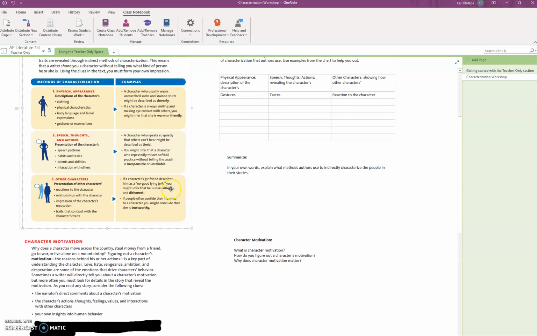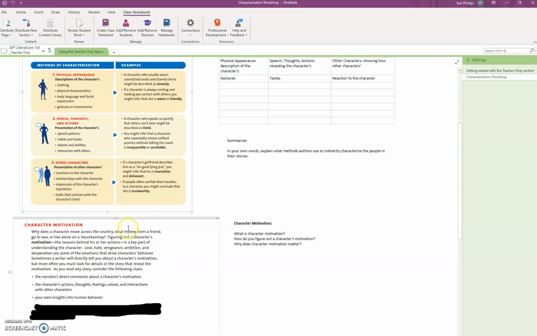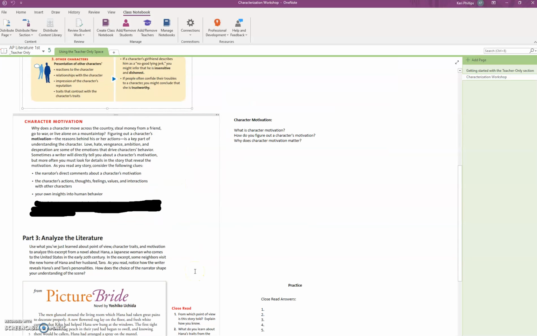And it could be literally, what method of characterization led you to think that that character was afraid of being rejected? It might be something they were thinking. It might be some way they were acting. It might be their reaction to people. It might be something they wear or their body language. So character motivation can come from the narrator's direct comments about a character.